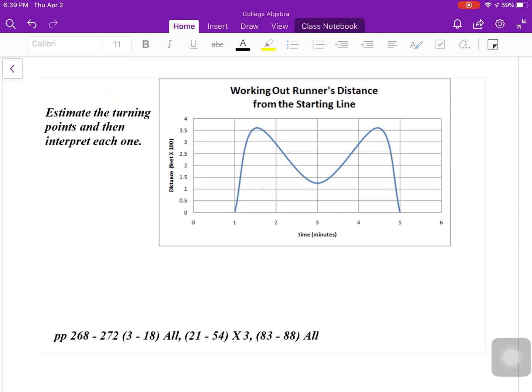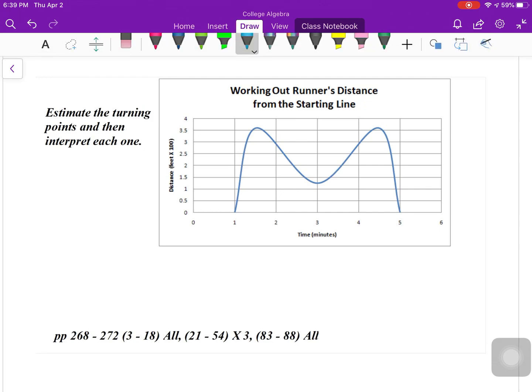All right, this says interpret the turning points and estimate what they are. So it looks like I have a turning point right here. So it looks like I have a turning point at 1.5. This is in hundreds, so that would be 3,600. Then I have a turning point here at 3.